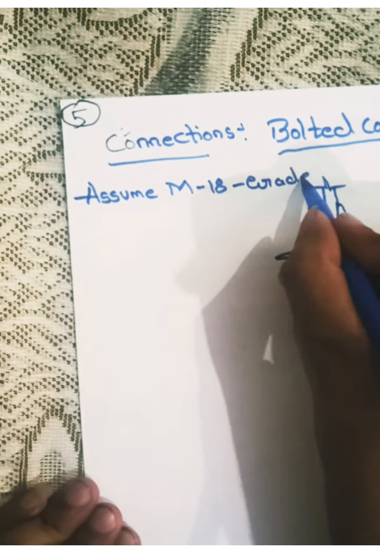For bearing to occur, if this angle is bearing in this direction, the other has to be opposite. Again, bearing will take place between this angle and this gusset plate in the opposite direction. If it is bearing in this direction, it has to go in the opposite direction. So this direction and this direction are the same, and this direction is opposite. So for bearing to occur between this angle and this gusset plate, it has to be in opposite directions.